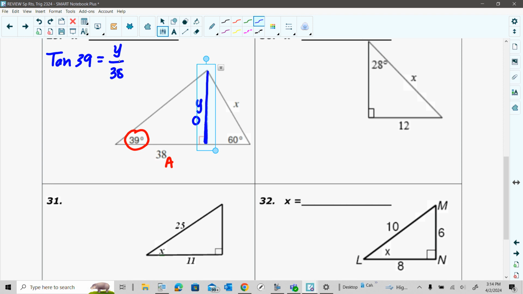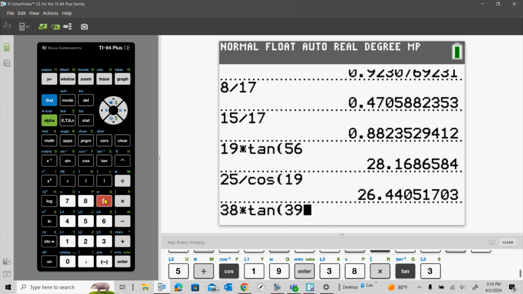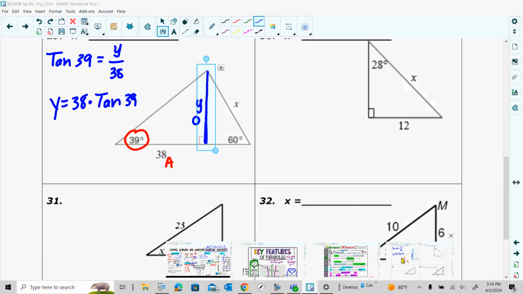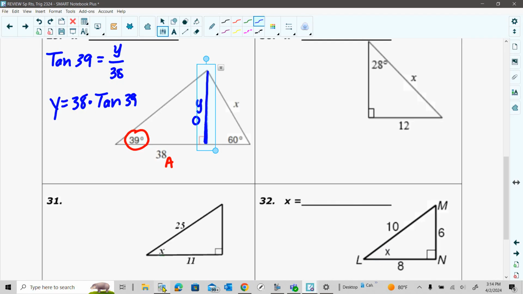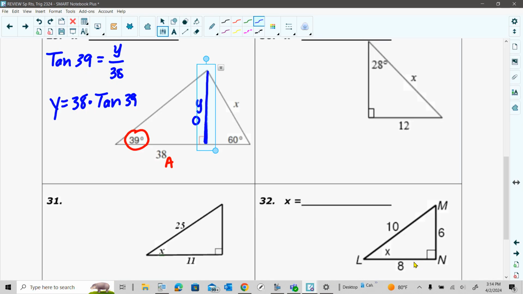And here the variable's on top, so I multiply to get to the answer. 38 times the tangent of 39. We're going to round to the nearest tenth here. That's going to be 30.8. So I'm going to say my y is approximately 30.8.